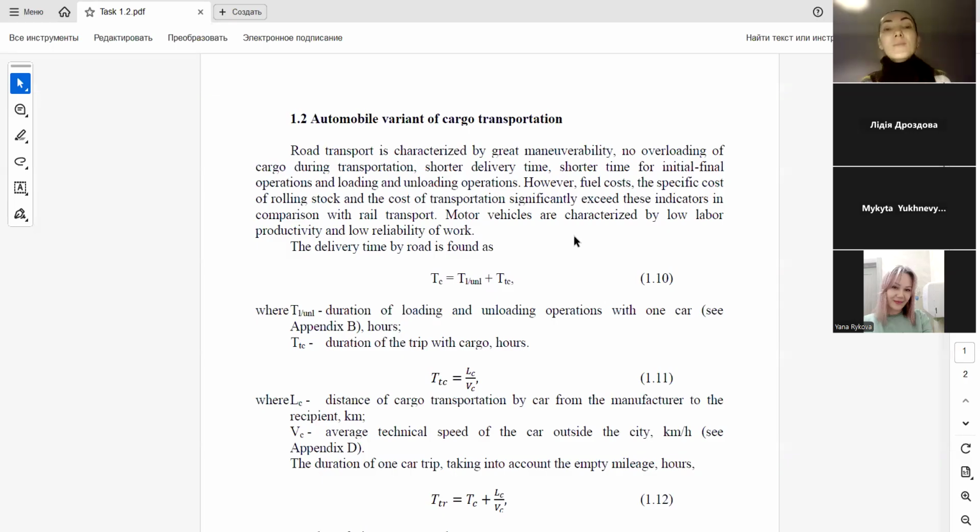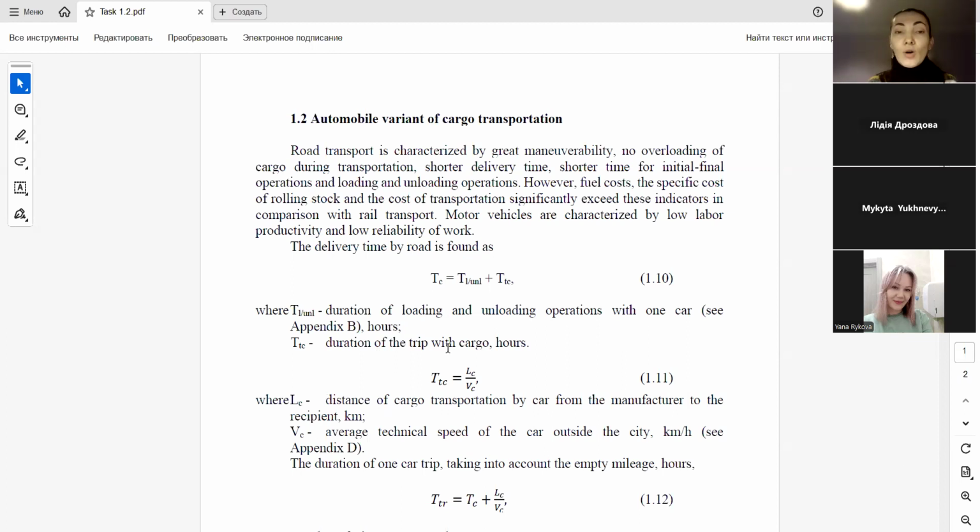Okay, now the first formula which we can calculate is formula 1.11. It is a continuous enumeration of formulas from our previous task, so we use formula 1.11 now. Please write in your documents T, big T with index TC.